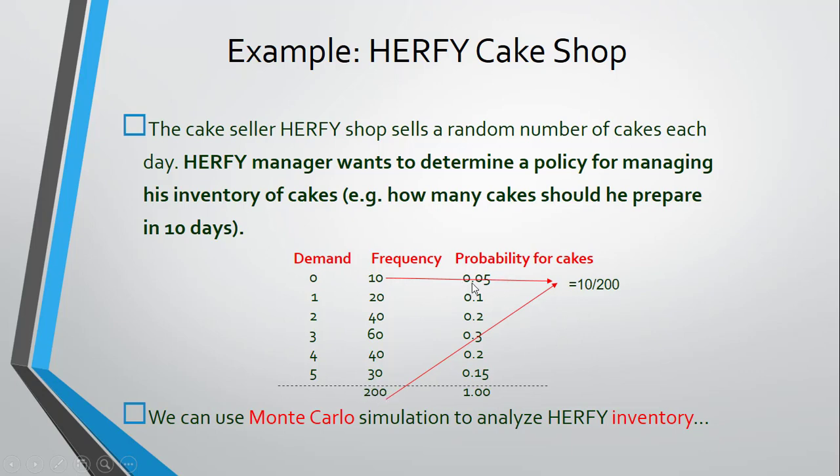That's the probability of having no cake sold in a day, and then the probability of 1 cake sold is 0.1, 2 cakes sold 0.2, etc., and added together it is 1.0. Once you have this data, you can use Monte Carlo simulation to analyze Hershey's inventory.